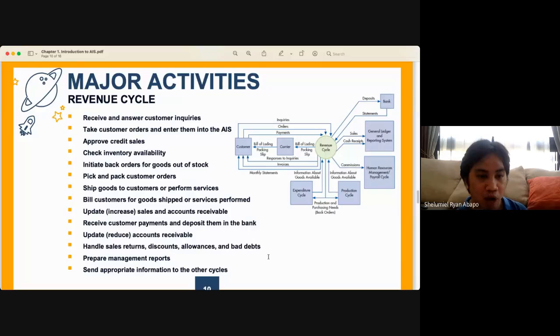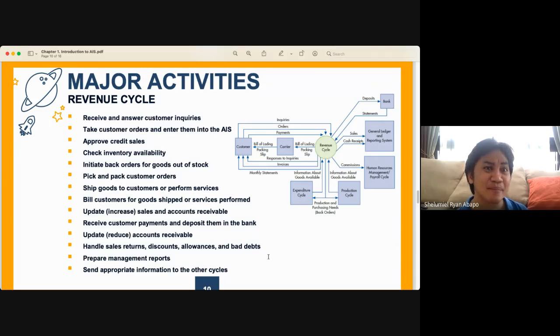And then once you've already packed the items per customer order, kasi class, pag may different customer orders, tapos ang customer orders na yan are under the same customer, i-group mo yung mga customer orders na yan into a single sales order.